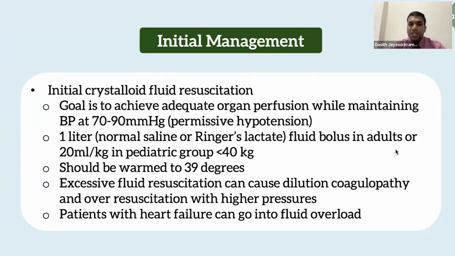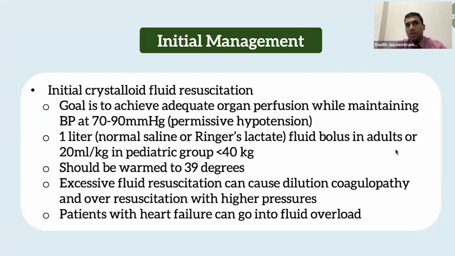So what we can do initially is give crystalloids. We should give at least 1 liter of crystalloid, either normal saline or Ringer's lactate, as a fluid bolus. In the pediatric group, it is around 20 ml per kg if the body weight is less than 40 kilograms.